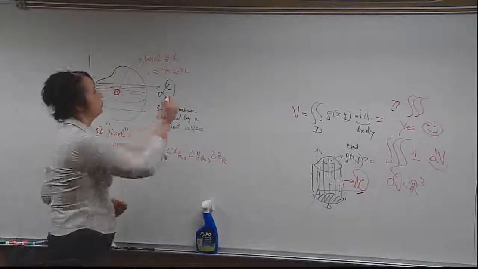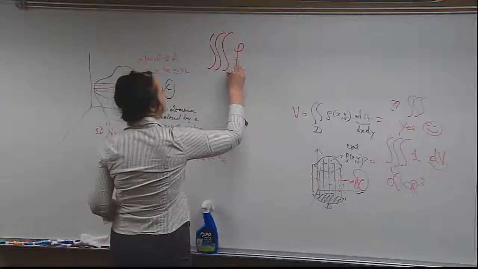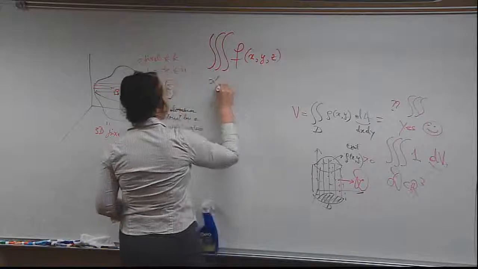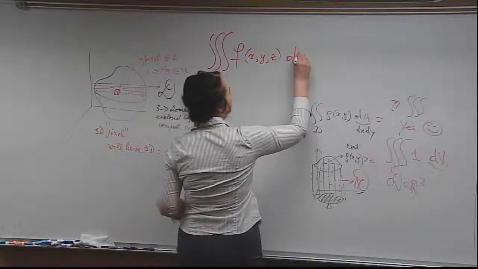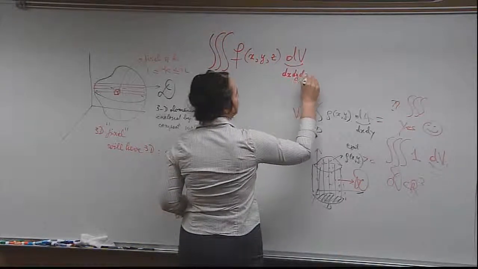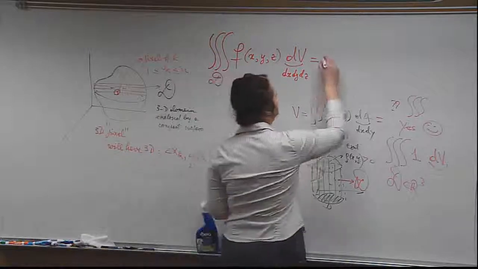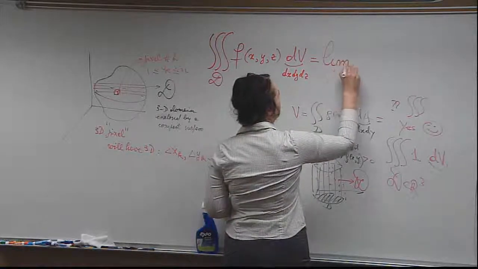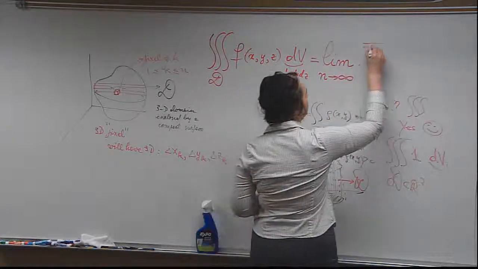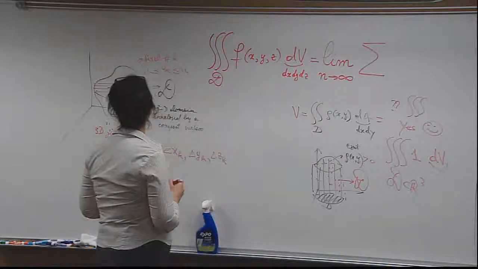So how do you actually define a triple integral of f of x, y, z over the domain D, dx dy dz? Okay, this theoretically should be what? Think pixels. Limit as n goes to infinity of the sum of, what do I need to do?